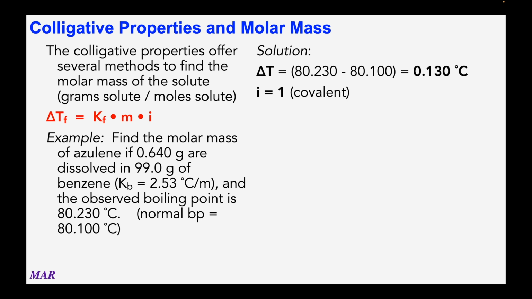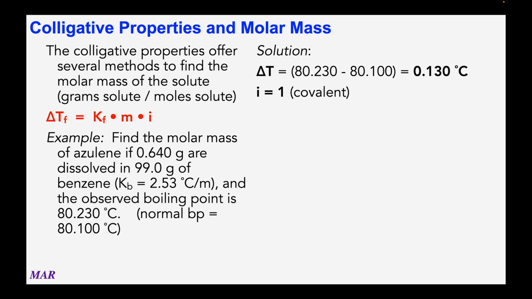But anyway, we're putting this azolene, 0.640 grams, in 99.0 grams of benzene, and the boiling point of benzene, which was 80.100 degrees Celsius, goes up to 80.230 degrees Celsius. Not a big amount, but it is enough to allow us to find the molar mass of azolene. So let's figure out how this works.